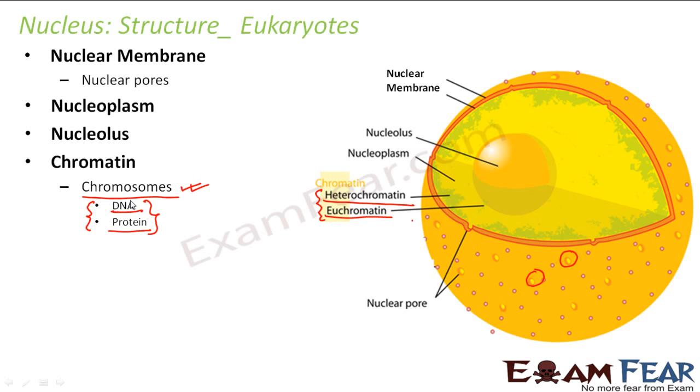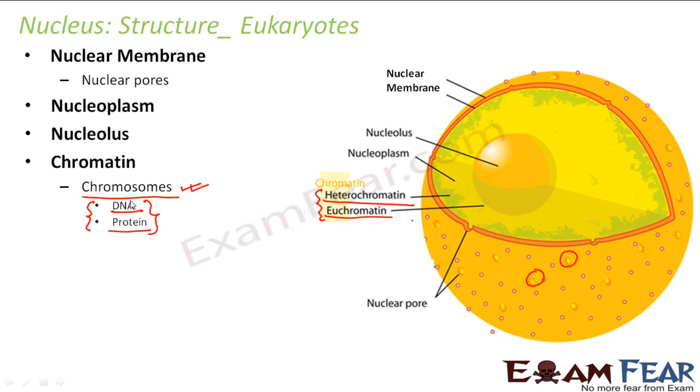We say that he inherited this from his father, right? So how does that inheritance happen? That inheritance happens because of DNA, right? And this DNA is present inside the nucleus, and this nucleus is present inside a cell. So that is why, when we talk of reproduction or cell division, the most crucial role is played by the nucleus.